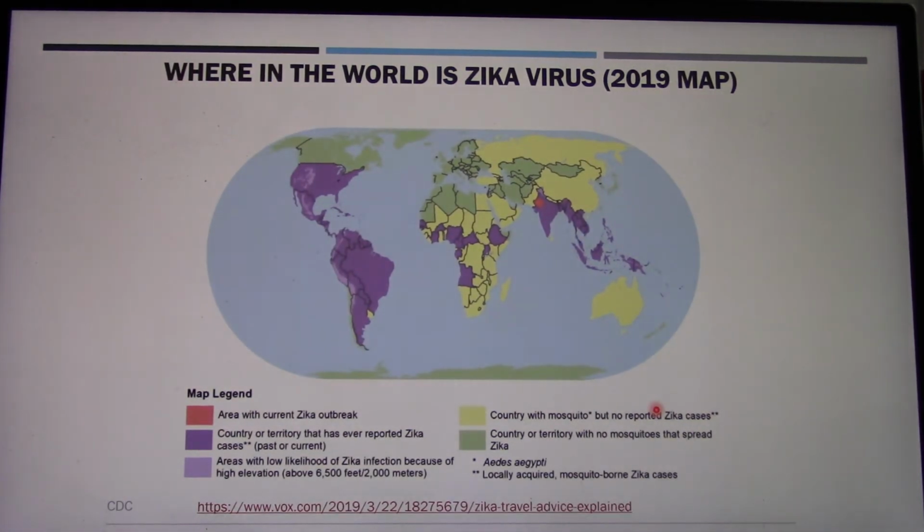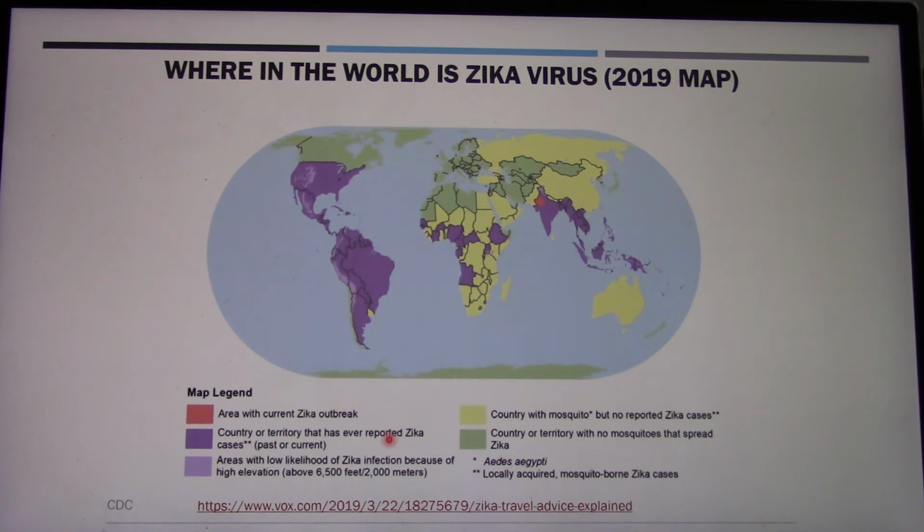So here's where in the world, according to the 2019 map, Zika is located. And you can see it's in the United States, shown in purple on this map. So this is a country or territory that has ever reported Zika cases, past or current. And we did have some infections. People brought those home from Brazil.